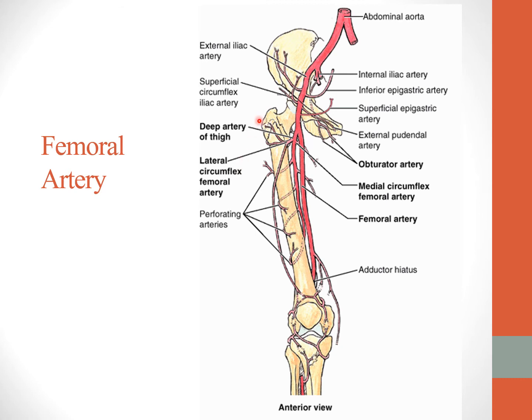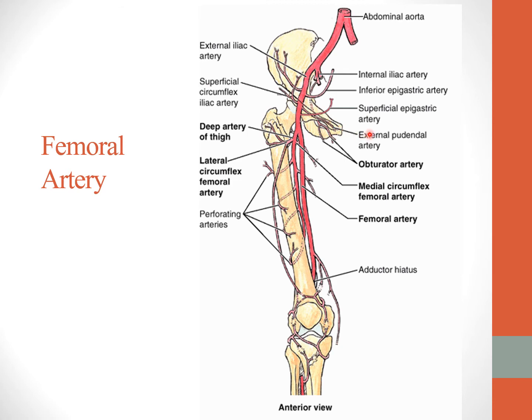And already we have discussed in the hip joint that there are branches from the abdominal artery which supply the head of the femur. Already we have discussed this, and also the avascular necrosis of the head of the femur.